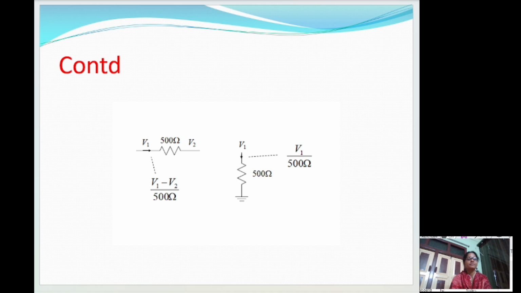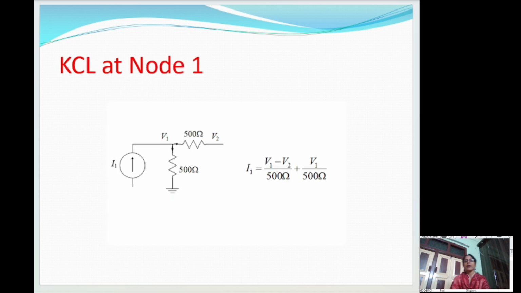Next, how we can apply KCL at different node. First apply KCL at node 1. Before applying KCL at node 1, you should know what is the statement of KCL.